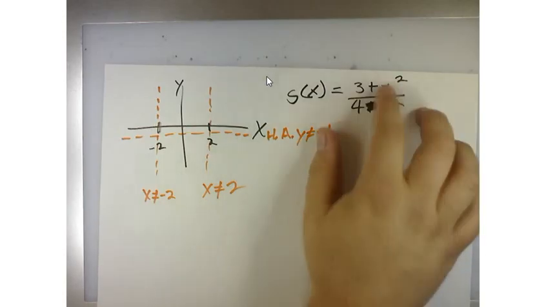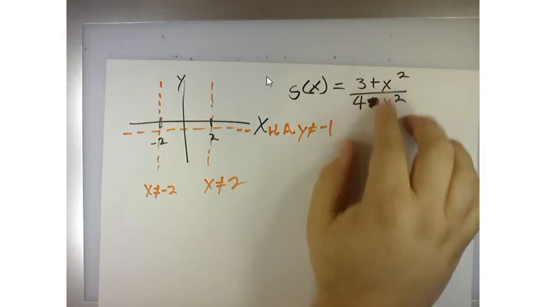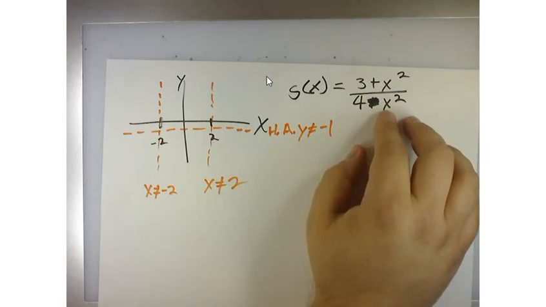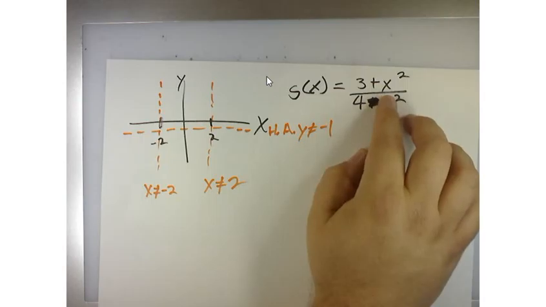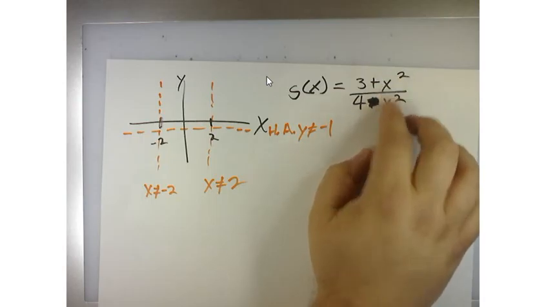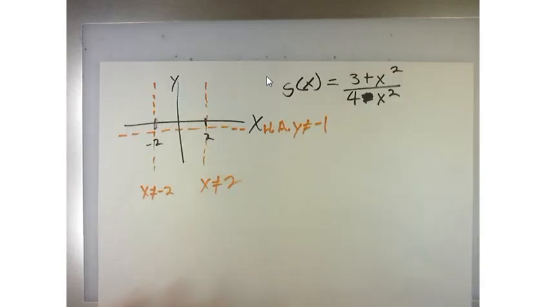Well, look at the x squared. You've got 2 x squareds here. If I plug in a negative 1 for x squared and a negative 1 for x squared, what happens when I square the negative 1? It'll be positive, and so I'd have like 3 plus 1 over 4 minus 1. So the lowest value that I can have would be when x equals 0, because then I get 3 plus 0 and 4 minus 0. What's that equal?